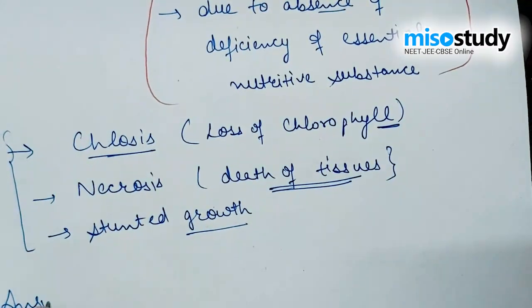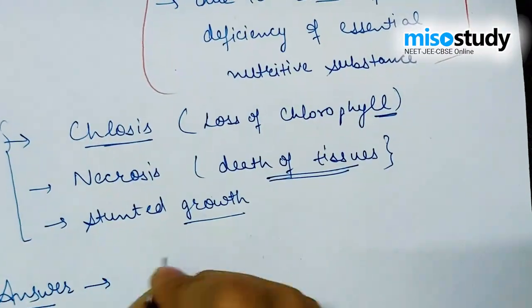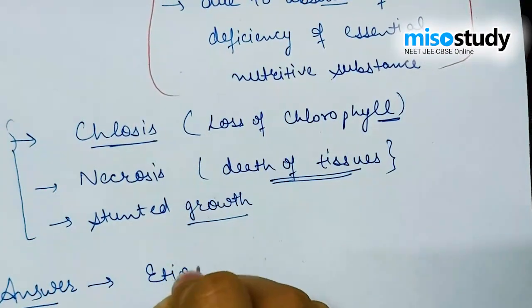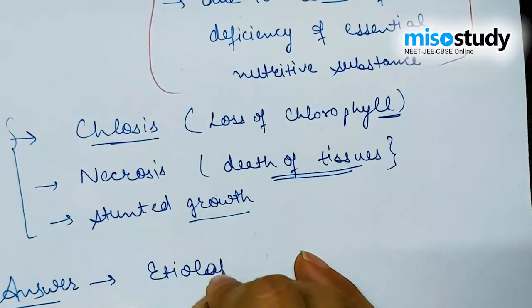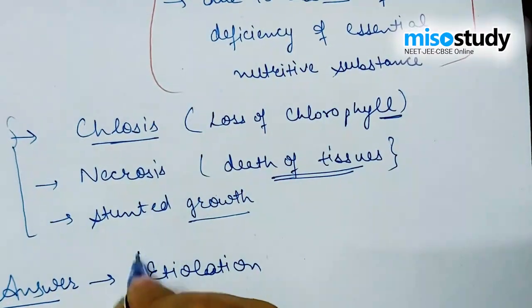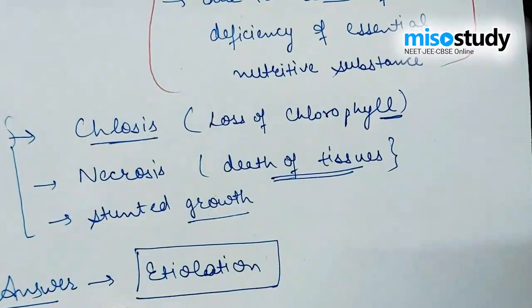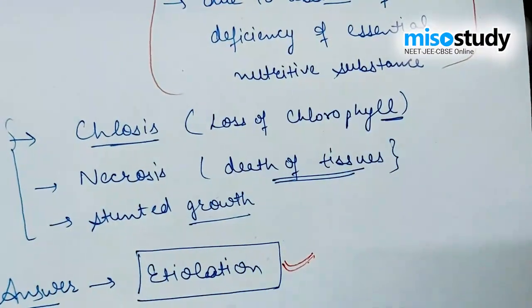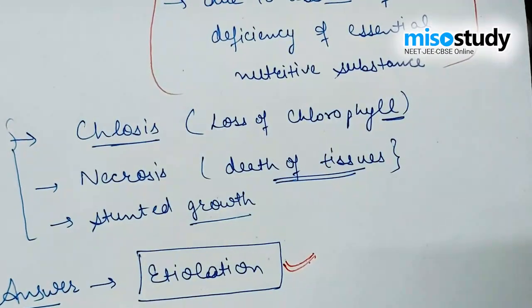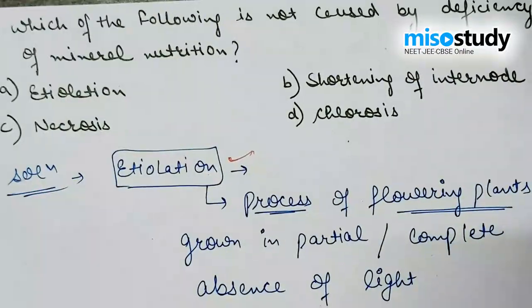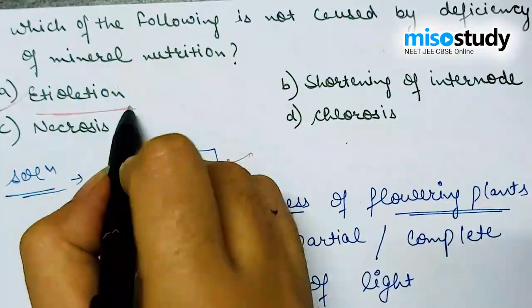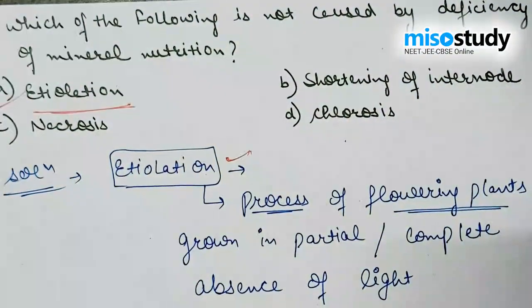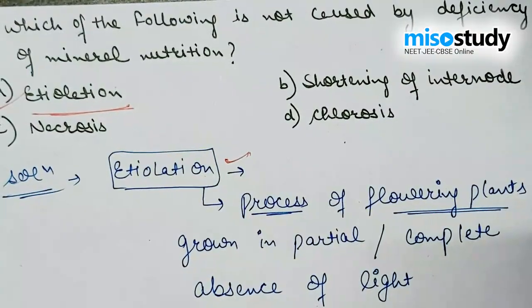So according to the discussion, the right answer for the question is etiolation, a process shown by flowering plants, meaning angiosperms, in the absence or partial presence of light. So etiolation is not at all a deficiency symptom shown by plants. Let's mark the right one, option A, the process of etiolation. Let's discuss the next question from mineral nutrition.